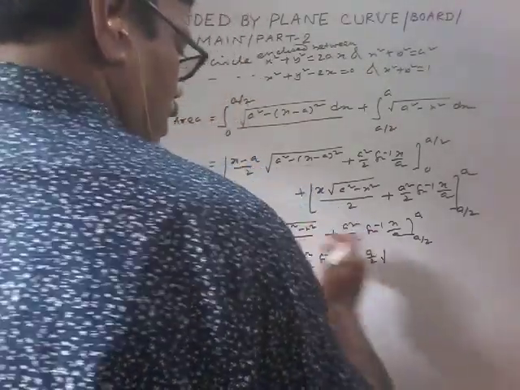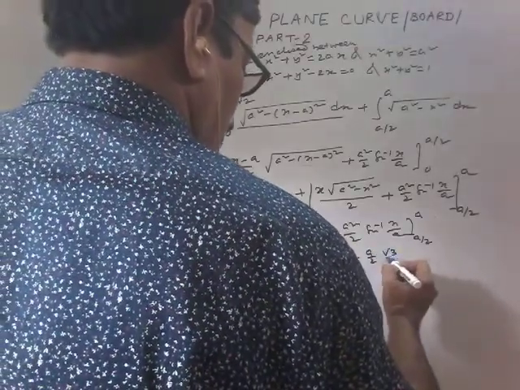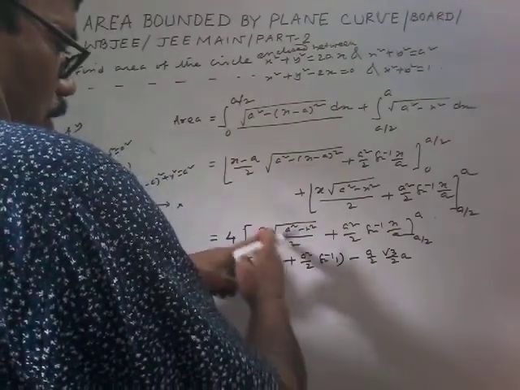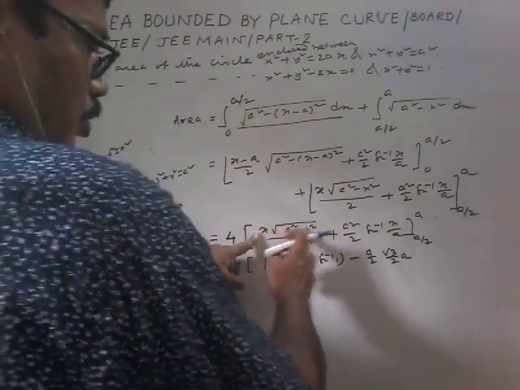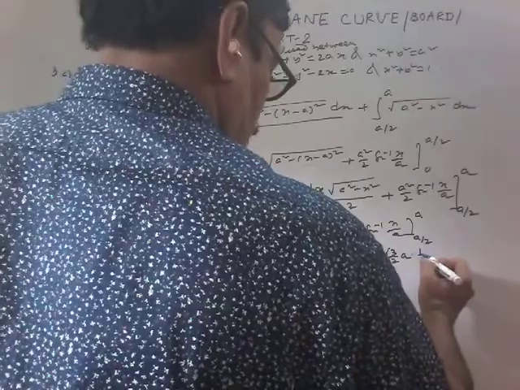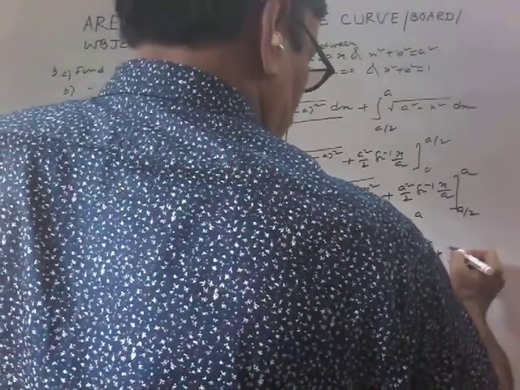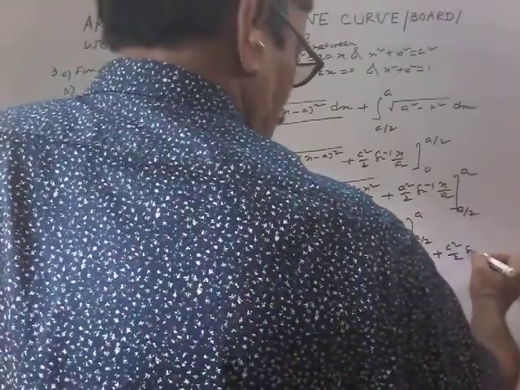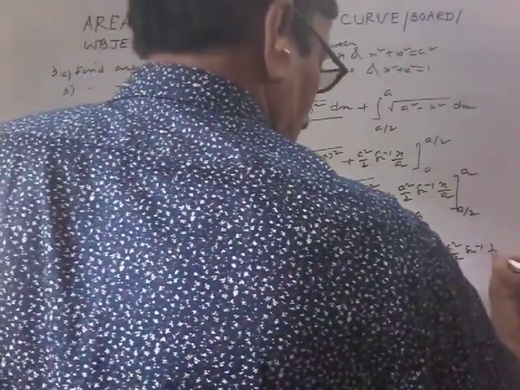Now if we put x equals a by 2, this is a by 2 into root over a square minus a square by 4, so root 3 by 2 a. So x equals a by 2, this is root 3 a by 2 into this half plus a square by 2 sine inverse half.